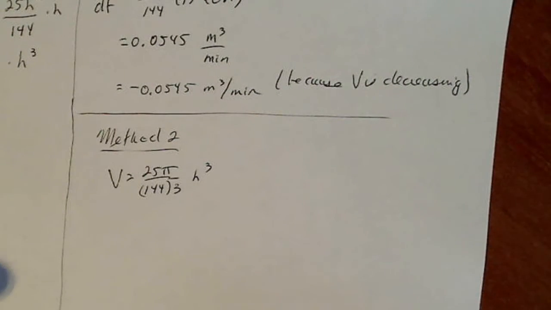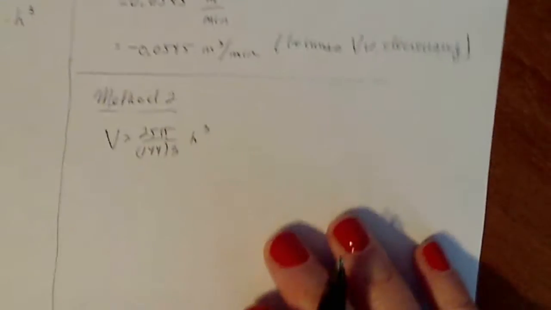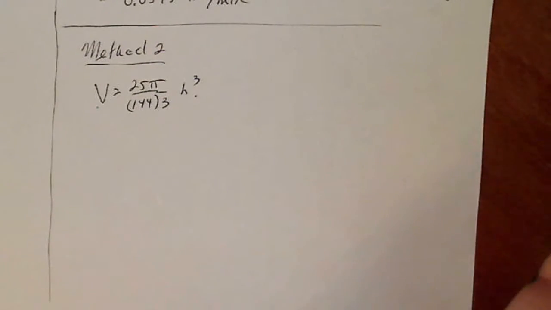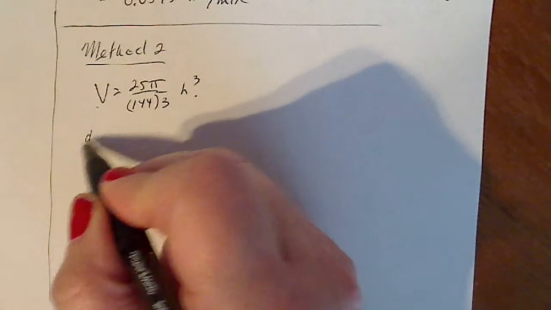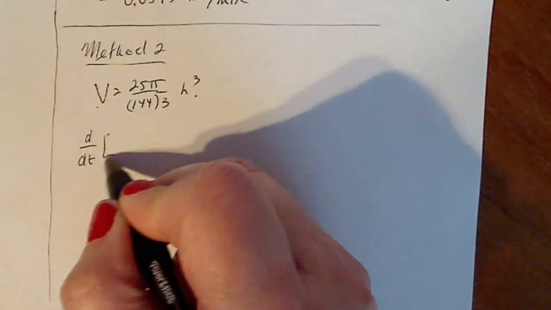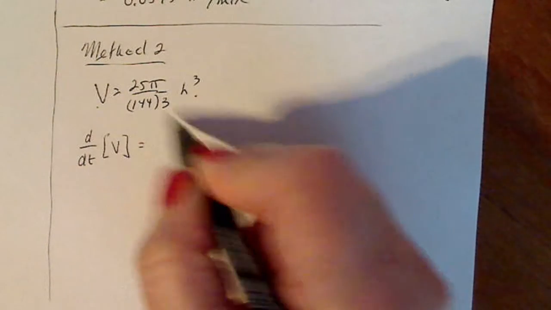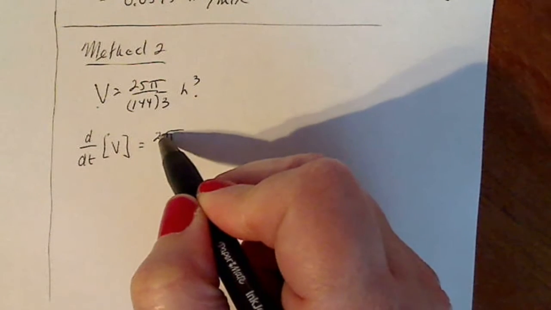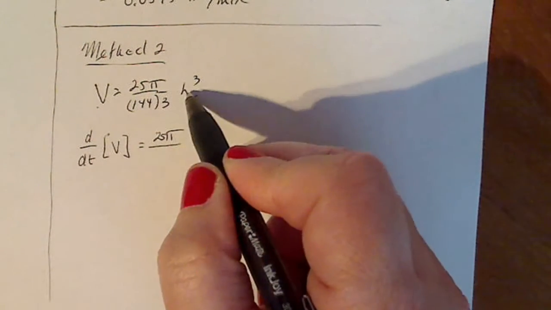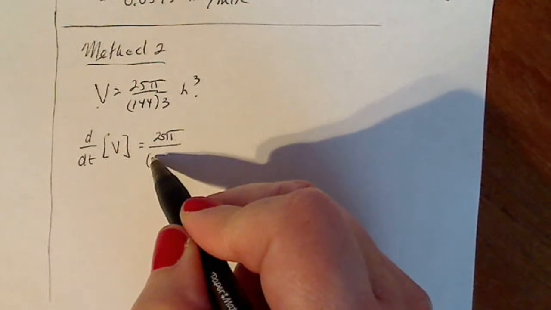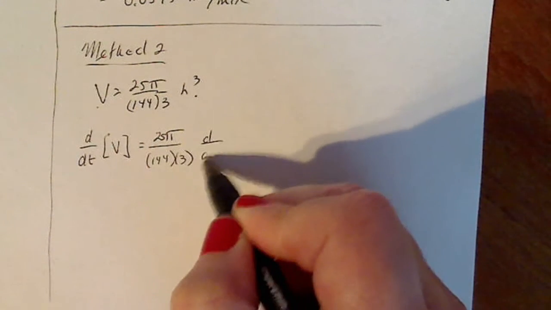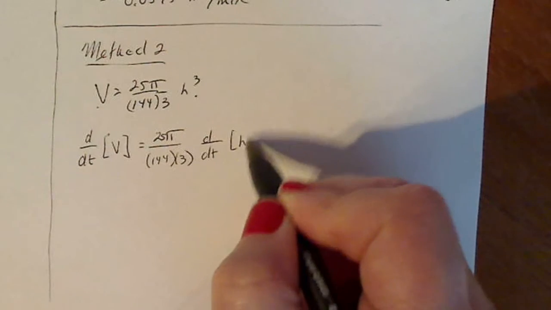So if I'm looking for dV/dt, the implicit differentiation will say, now that I have this direct relationship here, I'm just going to take the derivative of both sides with respect to t. So the derivative with respect to t of V equals, now since that's a constant, I don't have to worry about taking the derivative of it because it's multiplied by that number there. So 25 pi over 144 times 3, times the derivative with respect to t of h cubed.